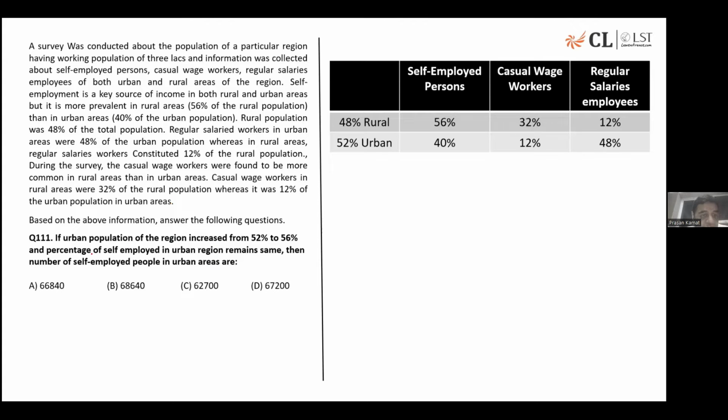The next one, if the urban population of the region increased from 52 to 56, so this now becomes 56%, and the percentage of self-employed in the urban remains the same, which means this remains 40%. What is the number of self-employed people in the urban areas? Obviously, it will be 40% of 56%, right?